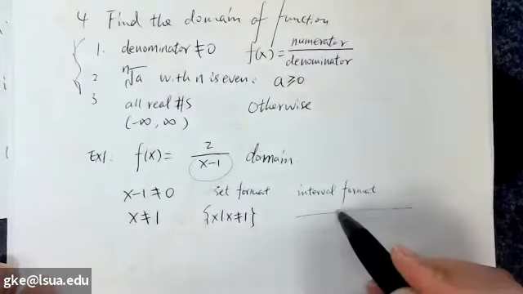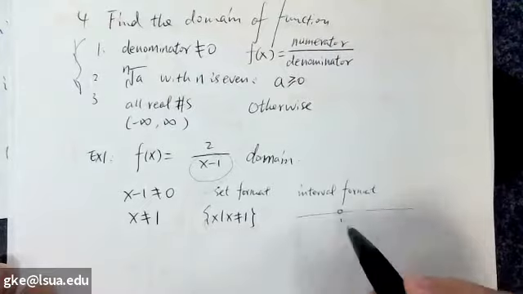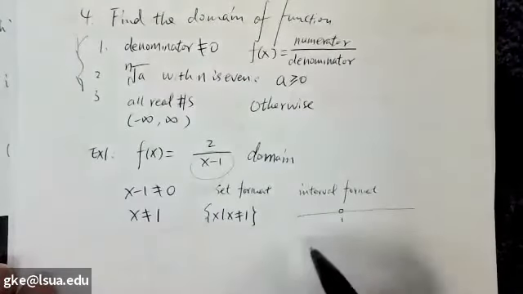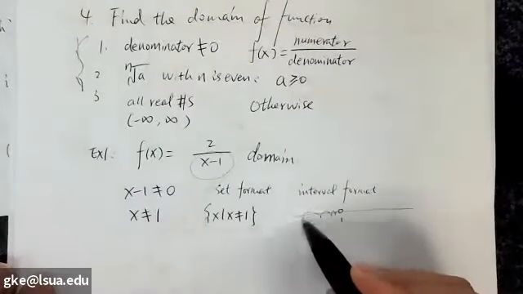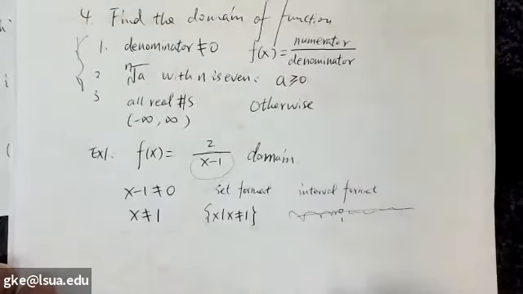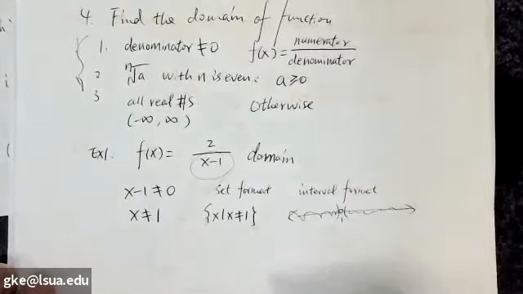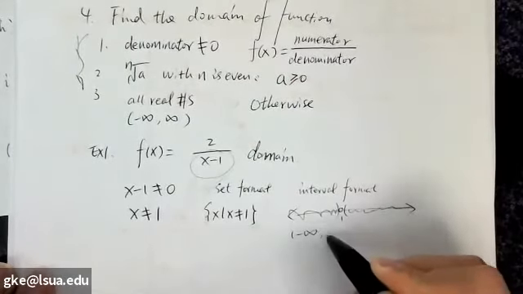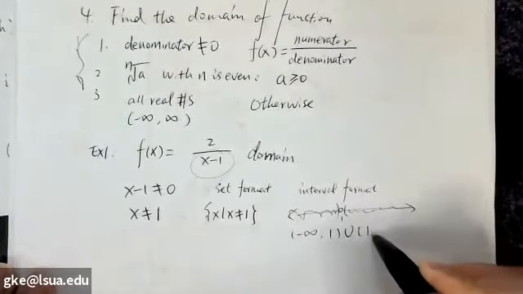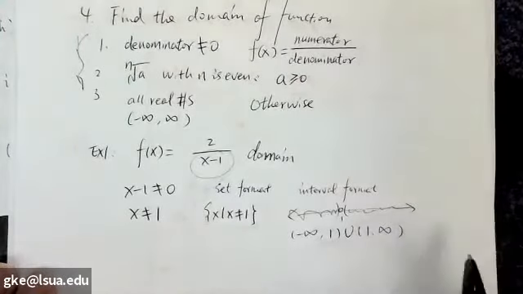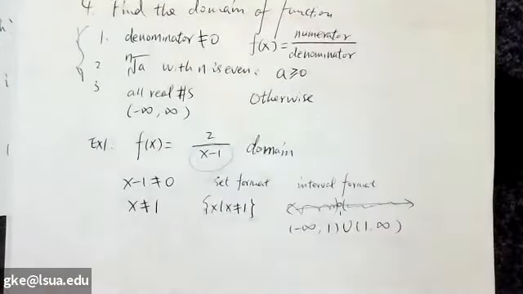Draw the picture. x doesn't equal 1, right? So we have this part and this part. So it's negative infinity to 1, union 1 to infinity. Okay.